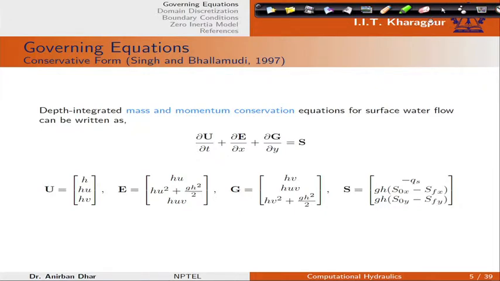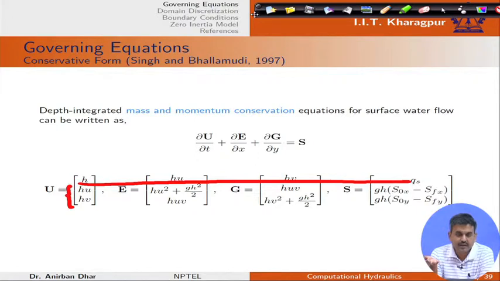Now, in this case, first row represents our continuity equation, and second and third rows are the momentum equations in x and y directions. We are not considering any variation in z direction.